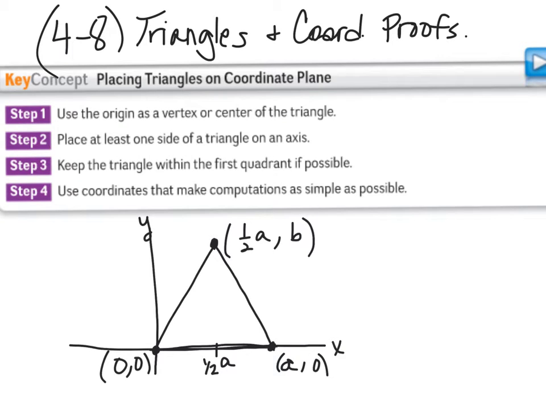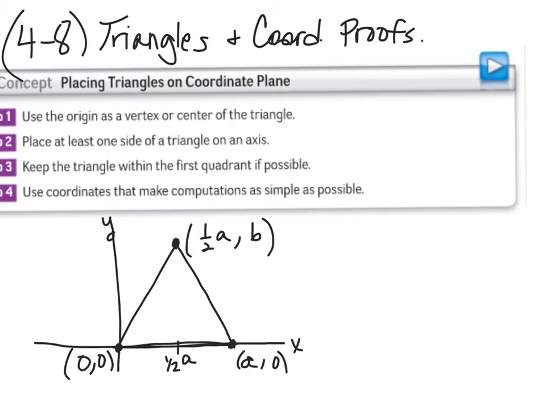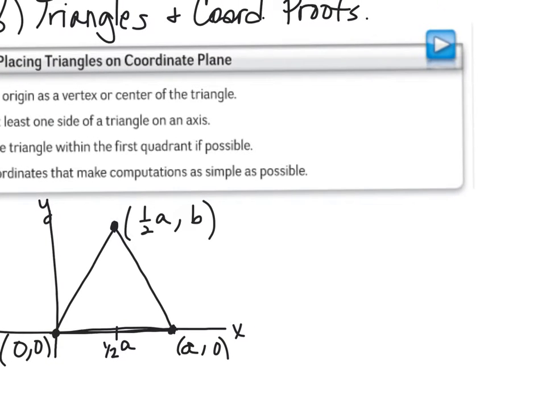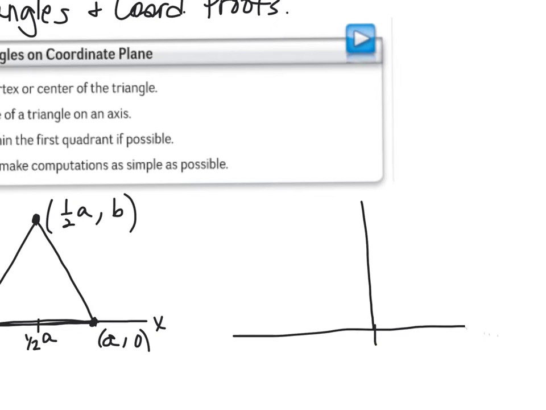Another way to do it is to put the middle of the triangle on the origin. For example, if I draw this out a little longer, this is my halfway mark, so I could draw my vertex up here.